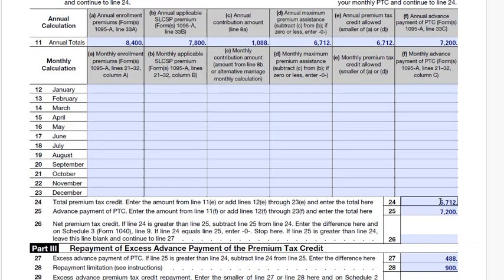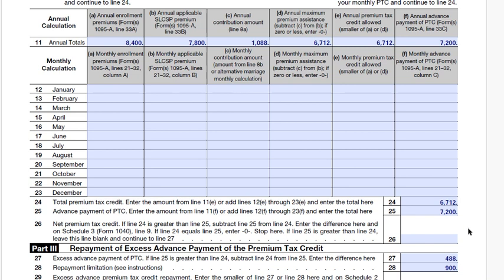And so line 24 here is 6,712, and then line 25 is the 7,200, which is what the government paid to the health insurance company. And so the difference here is 488. And then since line 24 is not more than line 25, we leave this blank. And then line 27 is just the difference here, 7,200 minus 6,712.